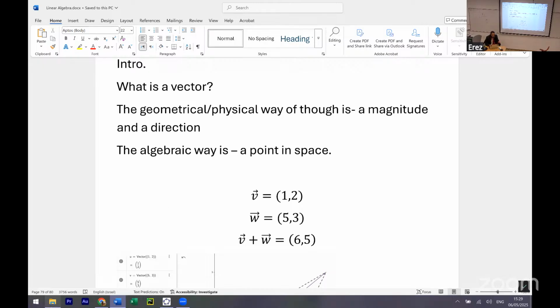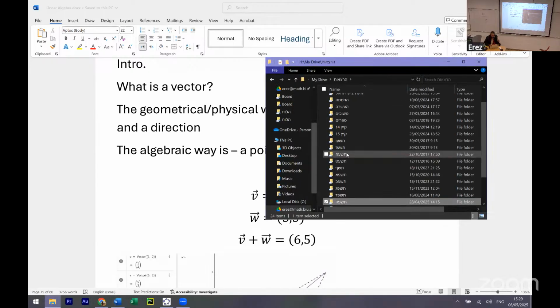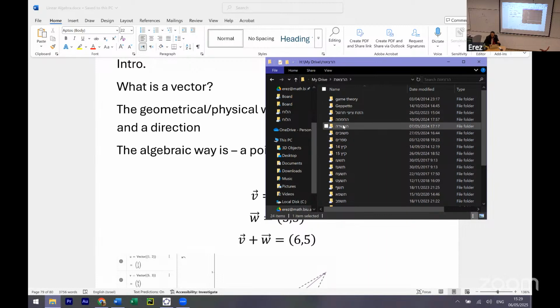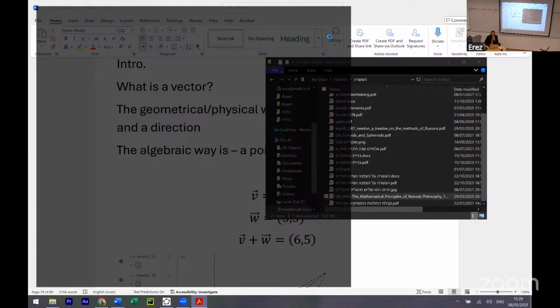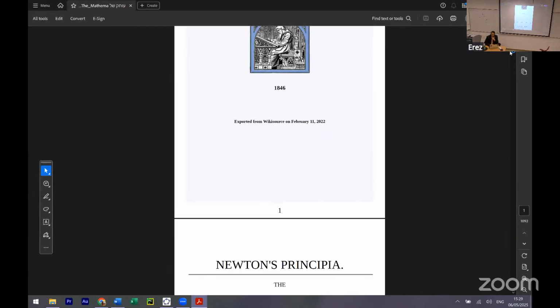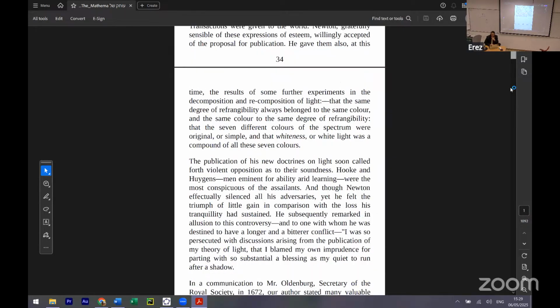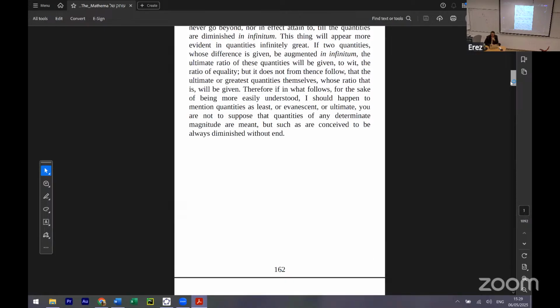Correct. So open the book by Sir Isaac Newton. Okay. So Lord, I think. 32, 4.